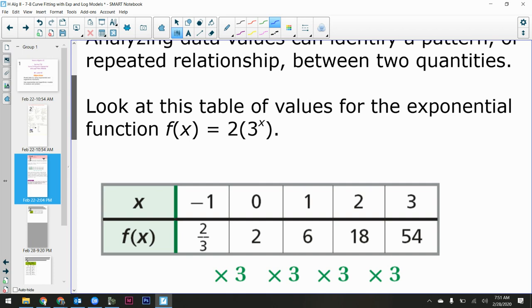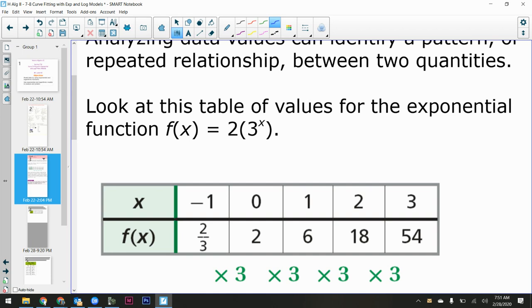Take a look at this table. We introduced this at the very beginning of the chapter. When you're looking at your y values, it's not differences, it's a constant ratio, a constant multiple. I'm multiplying by 3 each time. We talked about that whole doubling of a dollar thing, remember way back when? I'm constantly multiplying by the exact same amount.